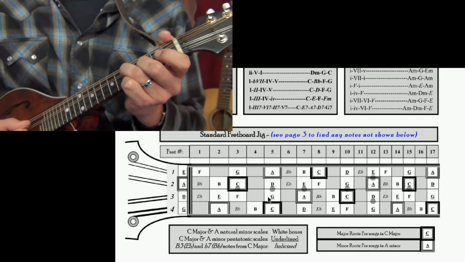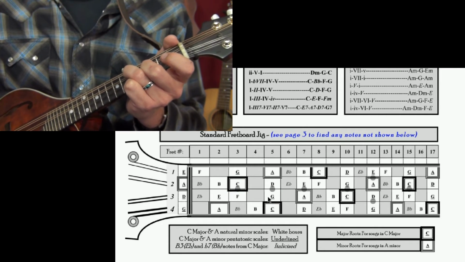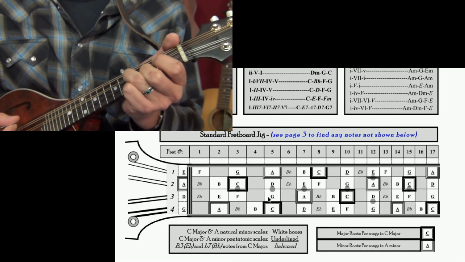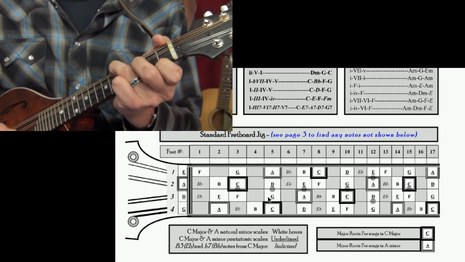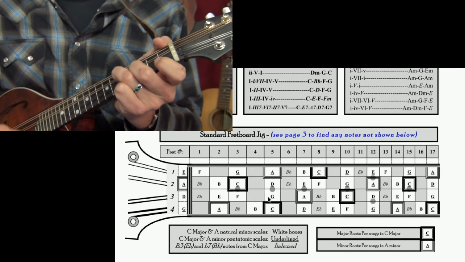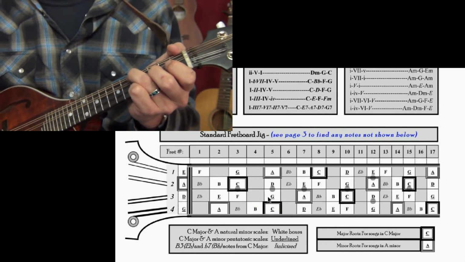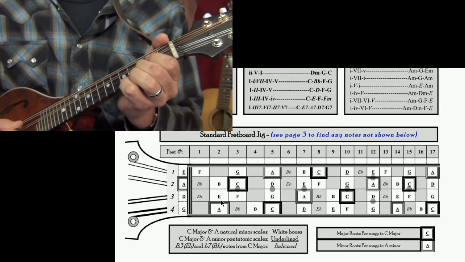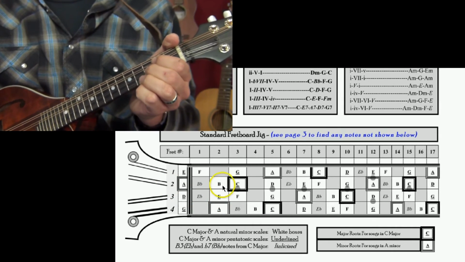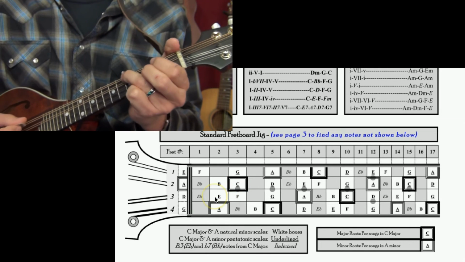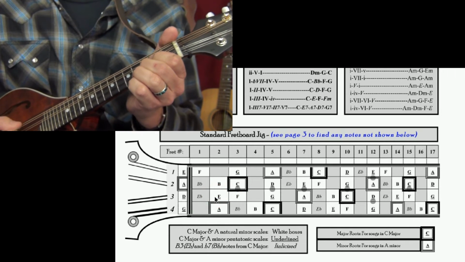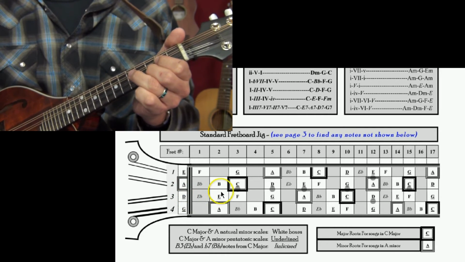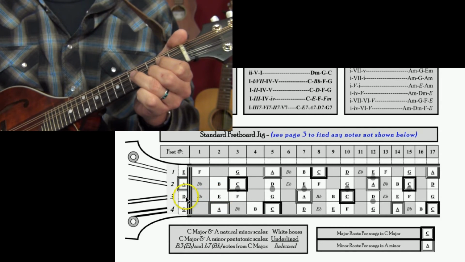This is the beginning of the second part. And then I'm going to do C, D, E. And the chord is just E and C right here. So D, E is just hammering up to the E part of a C chord.